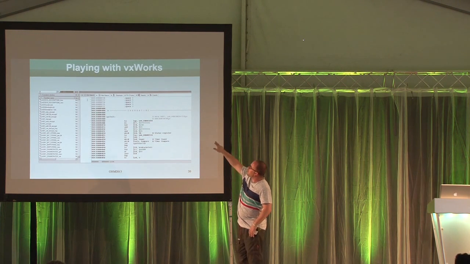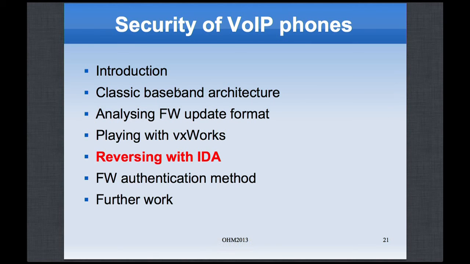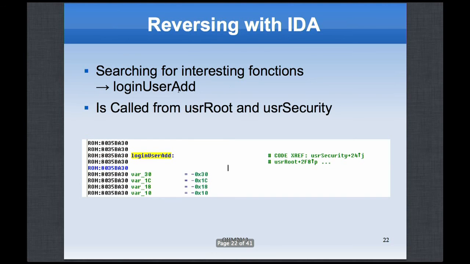On the top bar, the analysis was done on, I guess, a quarter of the memory, and you have symbol resolution. So now we can really use IDA. We will look for interesting functions, most of the time functions related to authentication.